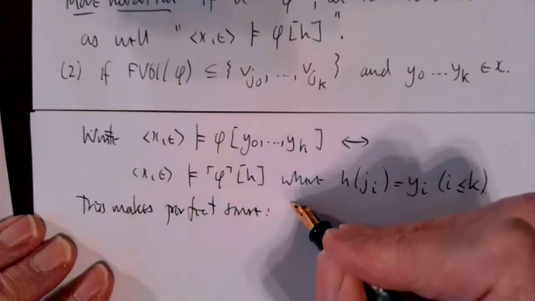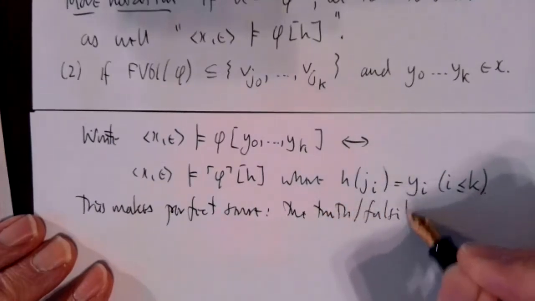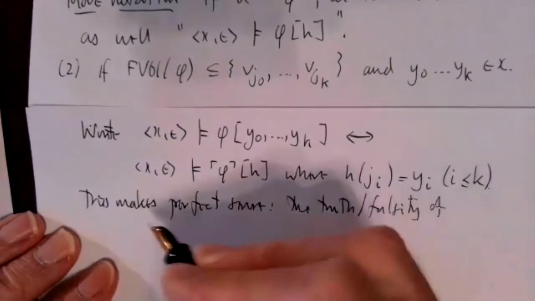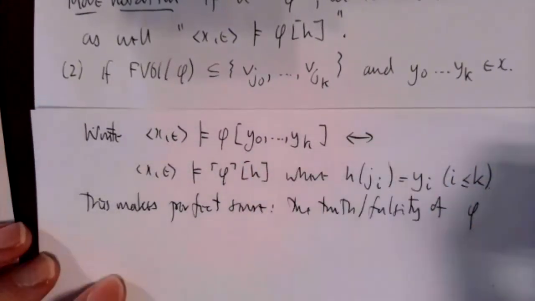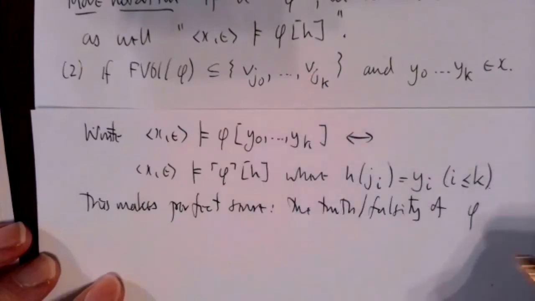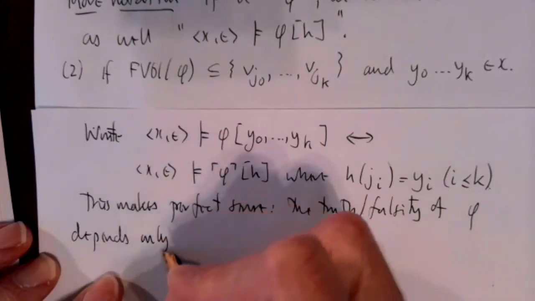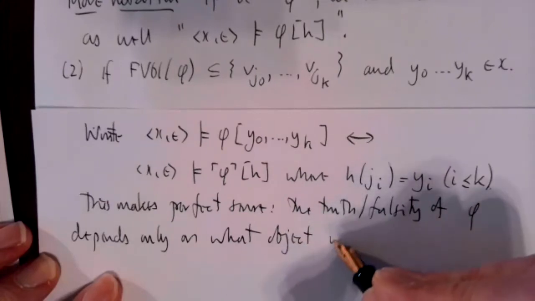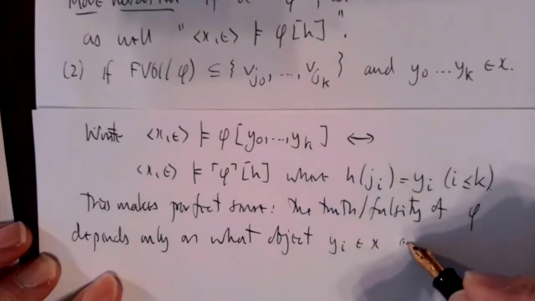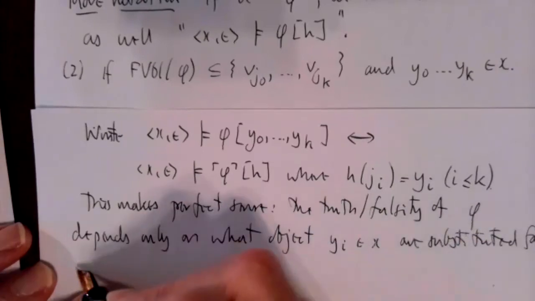In terms of meaning, the truth or falsity of phi on the objects depends only on what objects are substituted for its free variables.